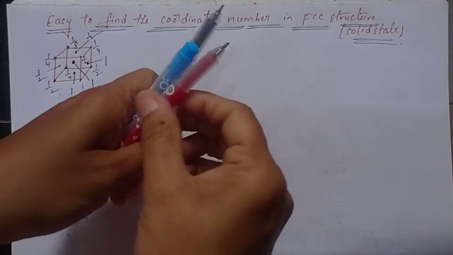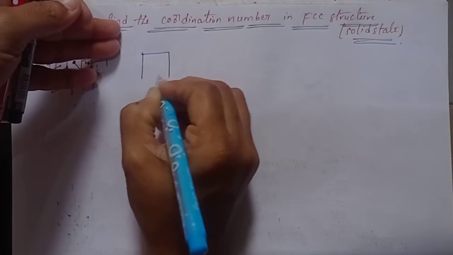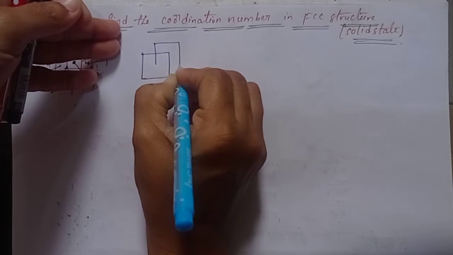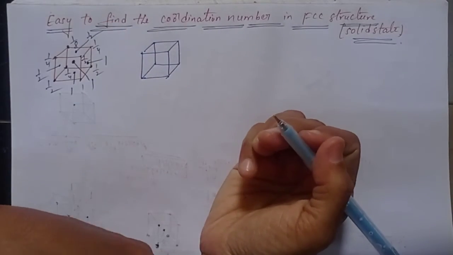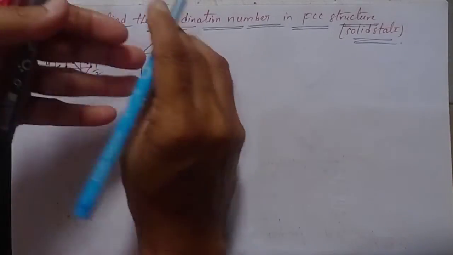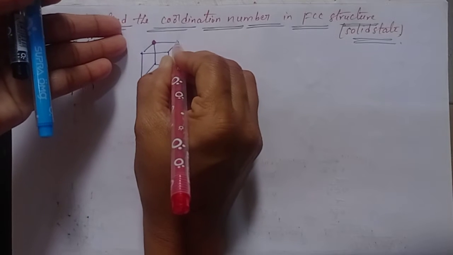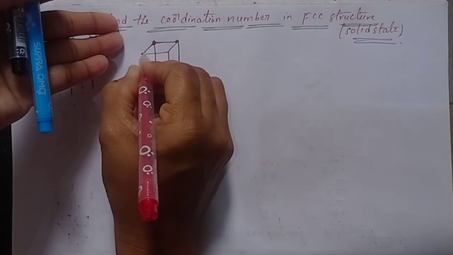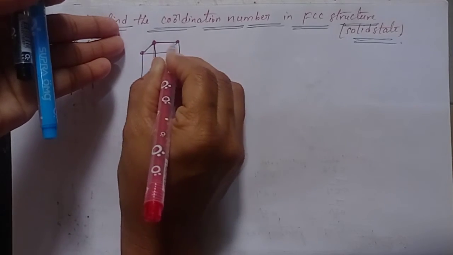Now I am taking the cubic unit cell, students. See here, this is the considered particle. It is in touch with this corner particle, and with this one and this one, correct? These three corner particles.